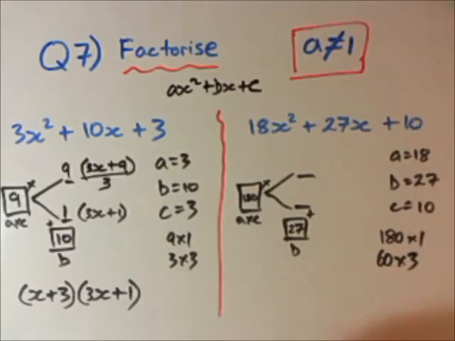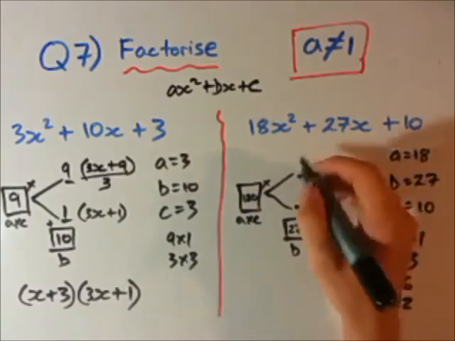I know that. What else? 30 times 6. But adding those will give me 36, not 27. I'm getting close though. Well, if that's 30, this will be 15 and 12. And 15 plus 12 is 27.